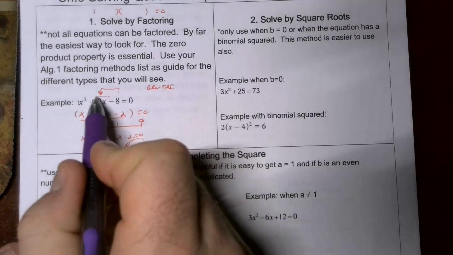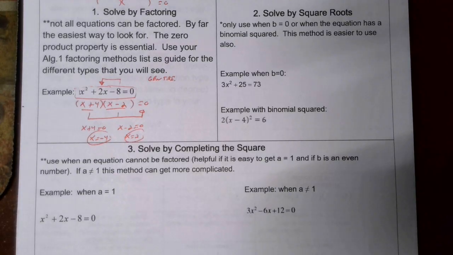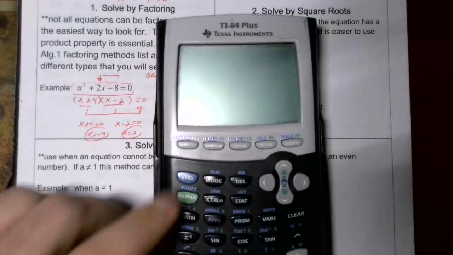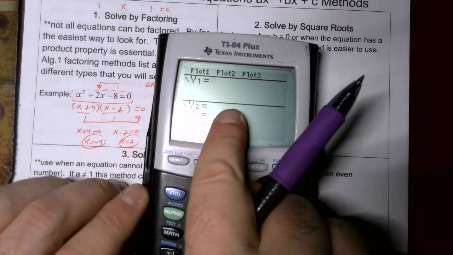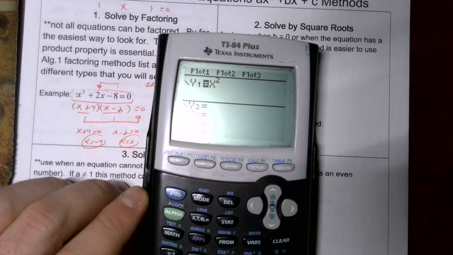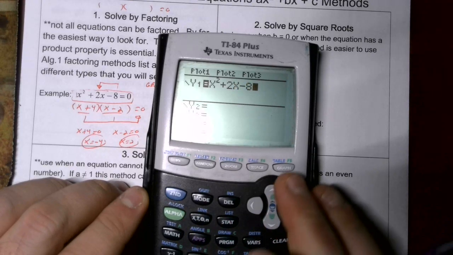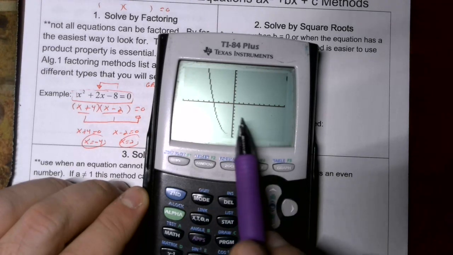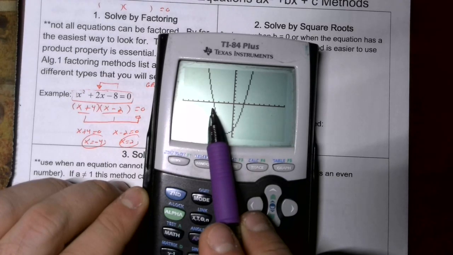So if I were to type this into Desmos or my graphing calculator, let's check it real quick. What you would notice is if I typed in x squared plus 2x minus 8 and hit graph, you'll see it hits the x-axis at 2 and -4.